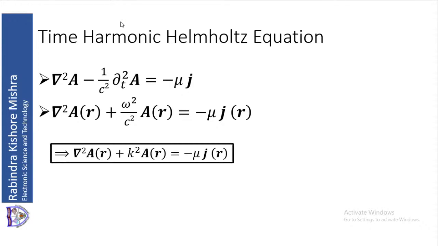Time we have already taken care of, that is taken out. So that gives us the equation in the form del square A plus k square A is equal to minus mu J, where k square is equal to omega square by c square, or k is equal to omega by c.